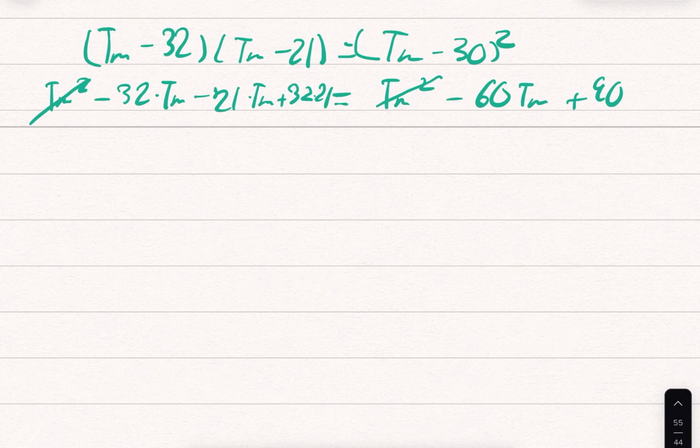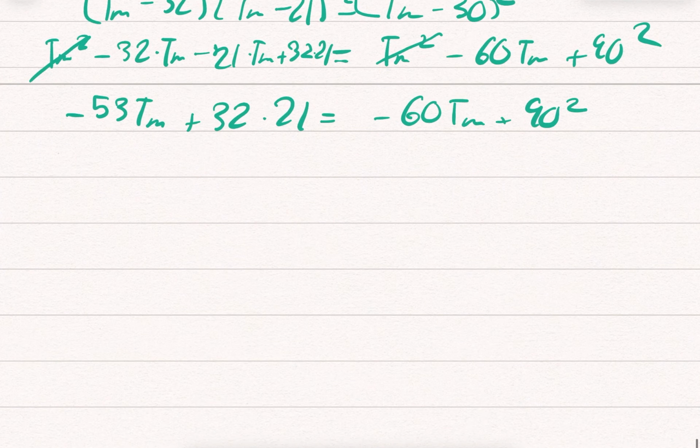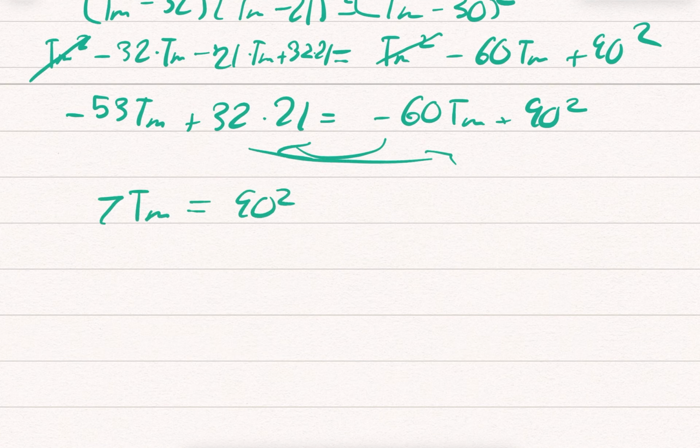Now I'll have negative 53 Tm plus 32 times 21, minus 60 Tm plus 900. Bring this over. I'm going to have 7 Tm equals 30 squared minus 32 times 21.